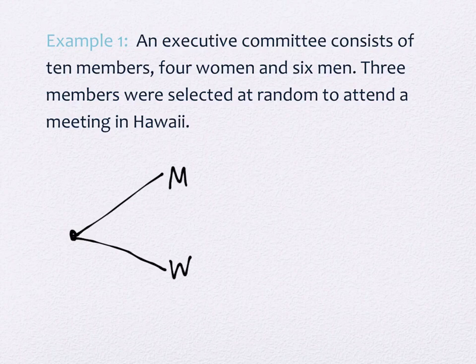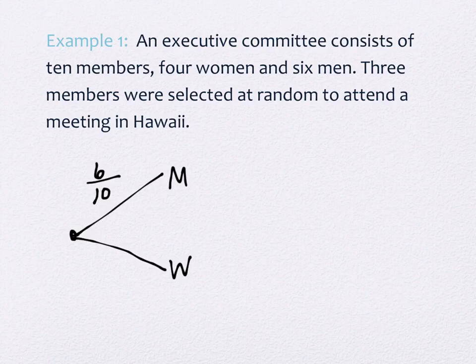So in the bucket right now, everybody's names are dumped into the bucket. And we reach in and we pick out one name. How likely is it that we pick out the name of a man? How many men are in the bucket? 6. How many names total are in the bucket? 10. There's a 6 out of 10 chance that we select a man's name.